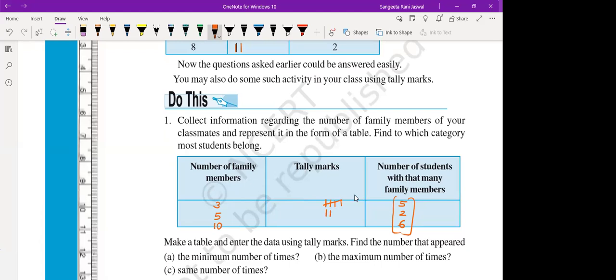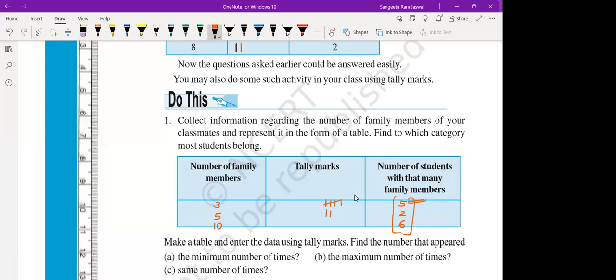Ma'am, I didn't understand the number of students with that many family members. Number of students means, suppose from your class or your friend circle you are saying that 5 students have a 3-member family.